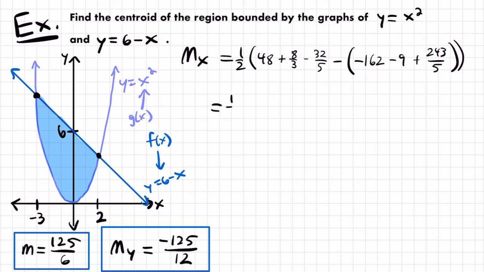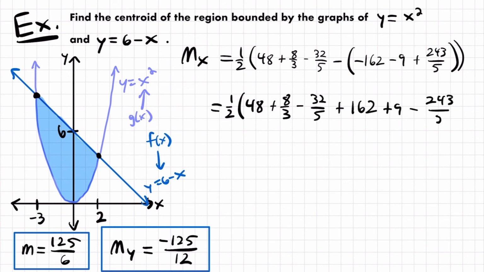All right, and so if I clean up my work here, we can simplify further. So this is equal to 1/2 times 48 plus 8/3 minus 32/5. And then if we distribute this negative through this quantity, we'll have plus 162 plus 9 minus 243/5. Okay? Now 48 plus 162 plus 9 will combine to be 219.